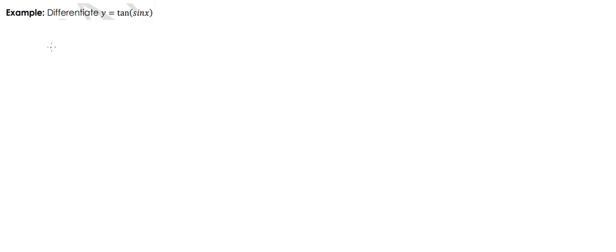Alright, this time let's have y equals tangent sine x. Okay? So we have another function inside. We could say that this is our u. Since our u is sine x, we know that the derivative of sine x is positive cosine x. Now, let's apply the formula.